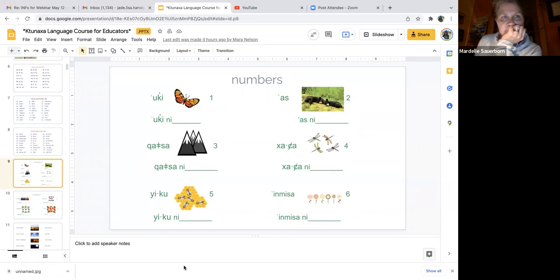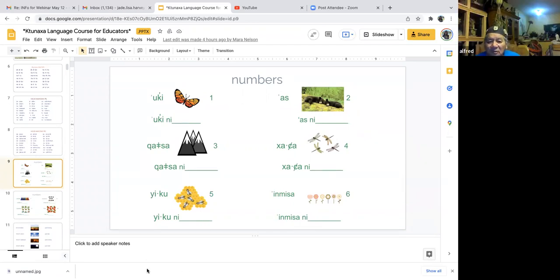So yeah, that's a basic sentence structure that's easy to use. But if you say okay ne golilo, you've already made a statement. There is one butterfly. Do you understand that?